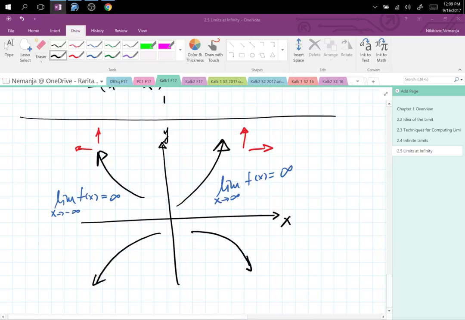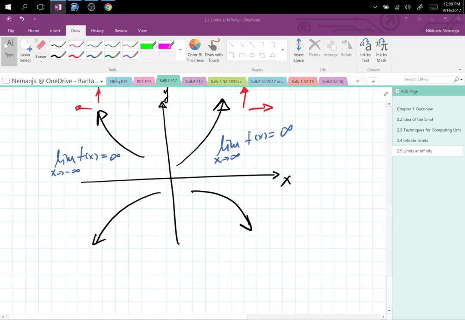We have the other two. So quickly, the limit as x goes to negative infinity of f of x produces negative infinity because the y goes down forever. And the limit as x goes to positive infinity of f of x gives you negative infinity again. It falls down. This is called the end behavior of functions.